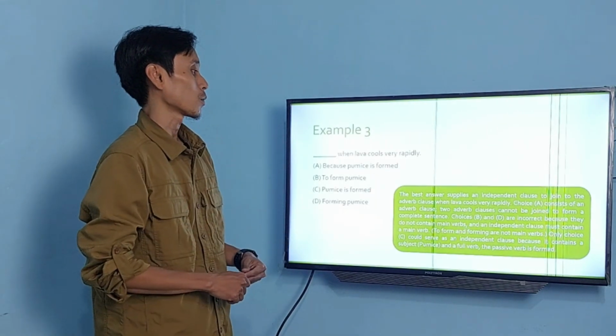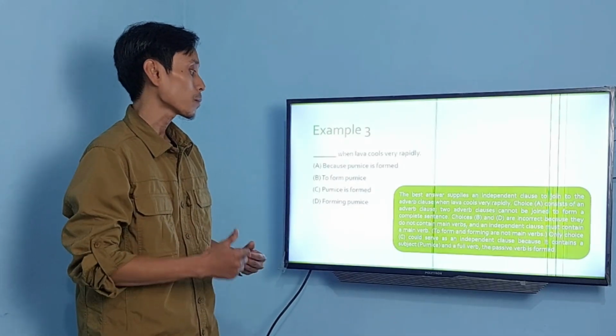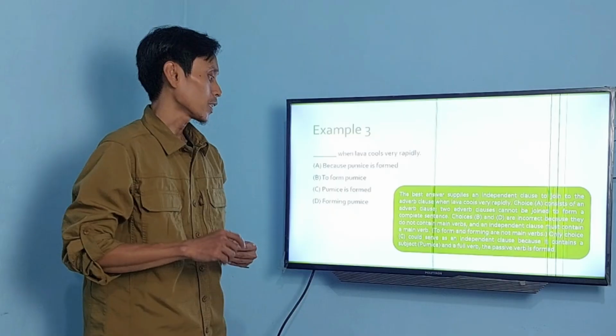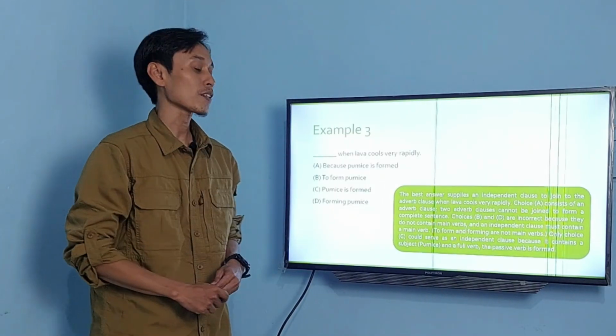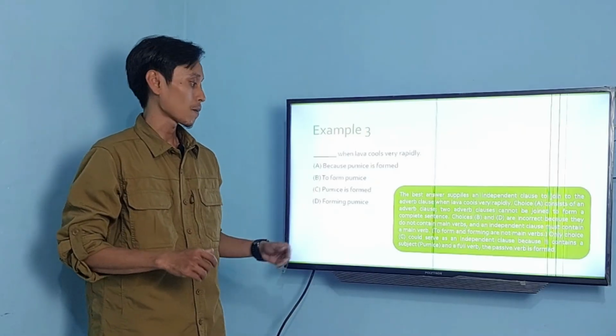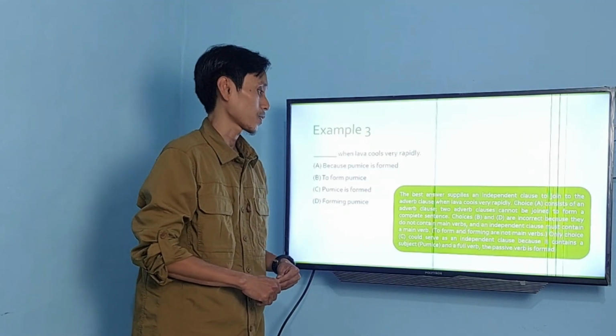An independent clause must contain a main verb. "To form" and "forming" are not main verbs. Only choice C could serve as an independent clause because it contains a subject, pumice, and a full verb, the passive verb "is formed."